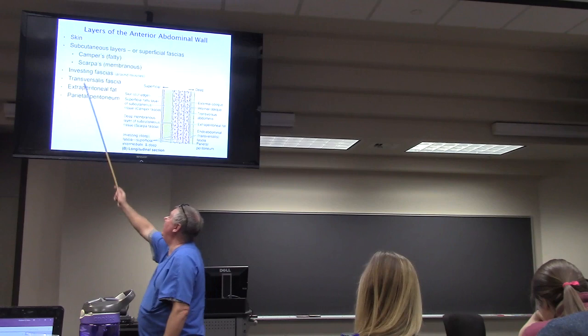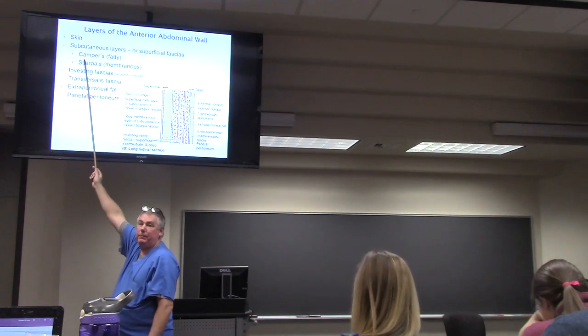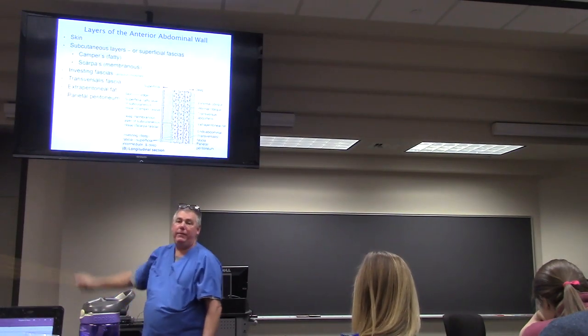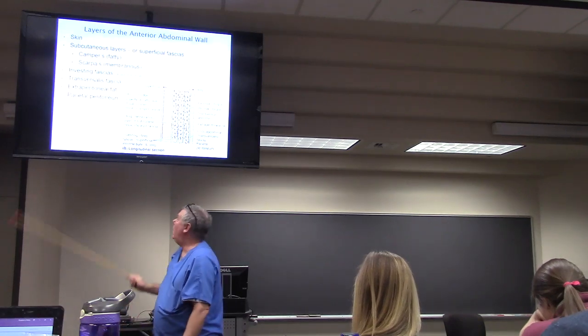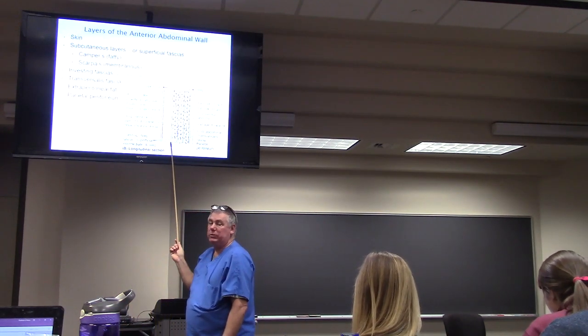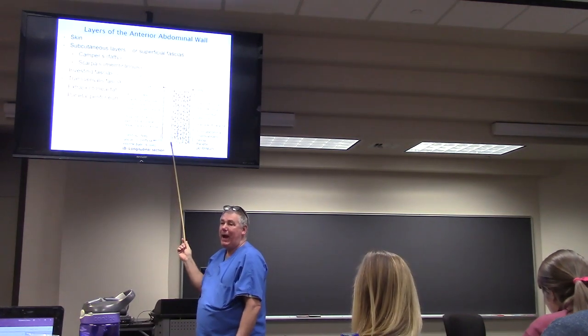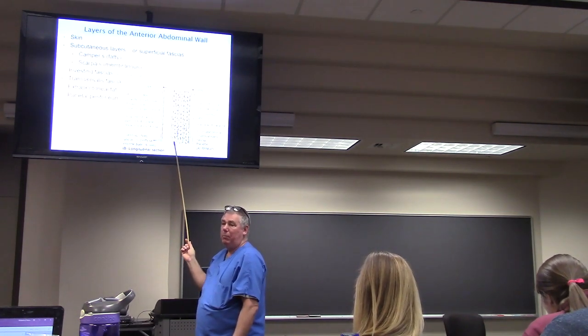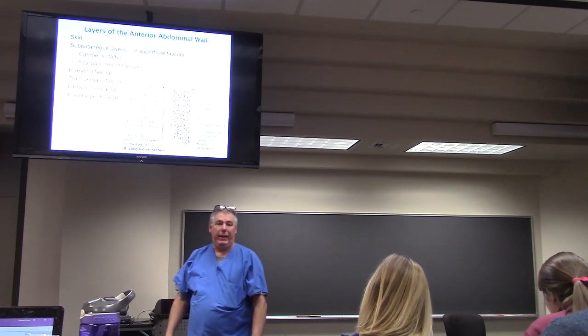It has a fatty layer called Camper's, and then it has a thin fascial layer called Scarpa's. And under Scarpa's would be the deep fascia of the outermost muscle, which is the external abdominal oblique.